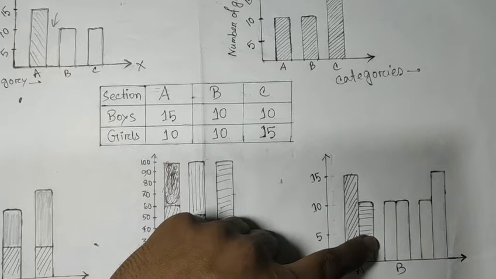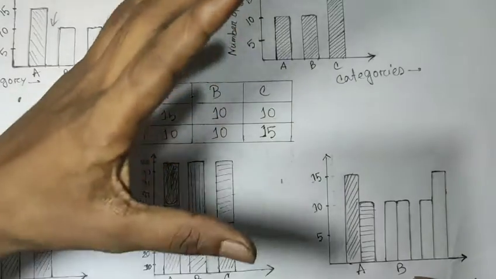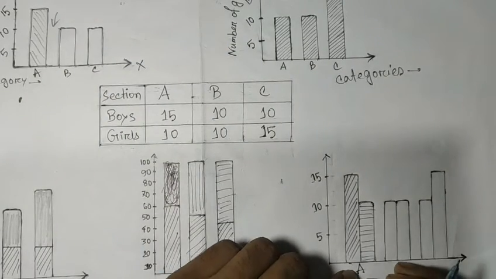So you can conclude that gaps are used only for the categories, not for the variables. Here the categories are section A, section B and section C.